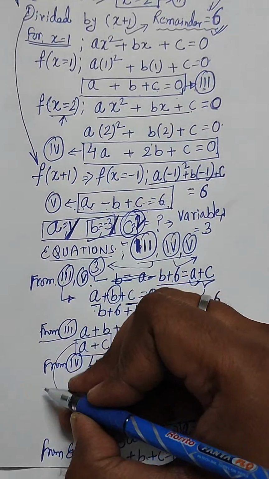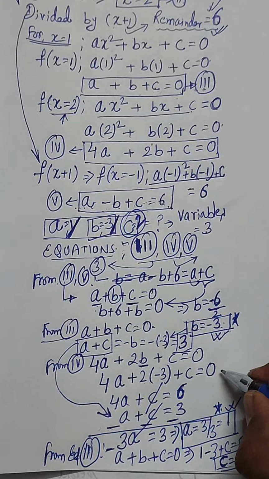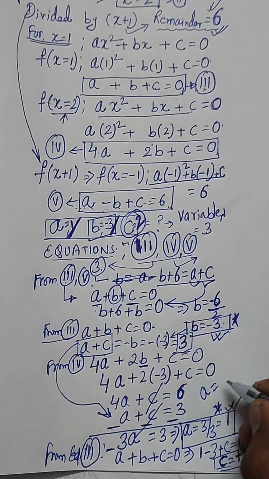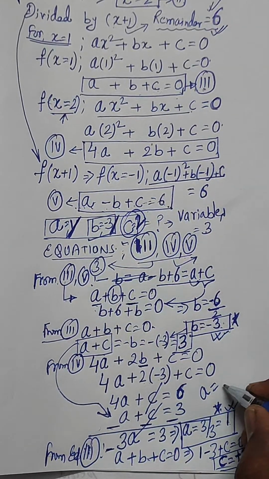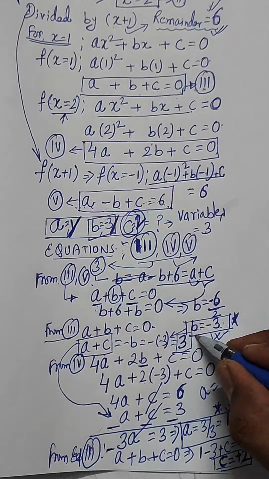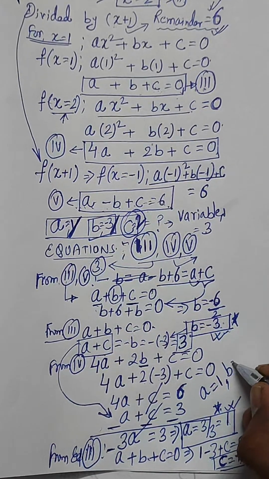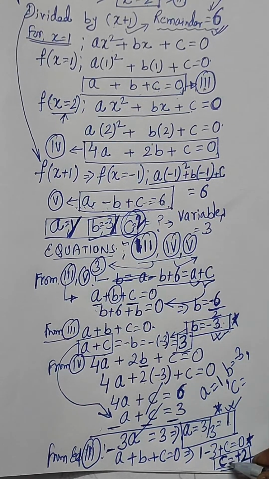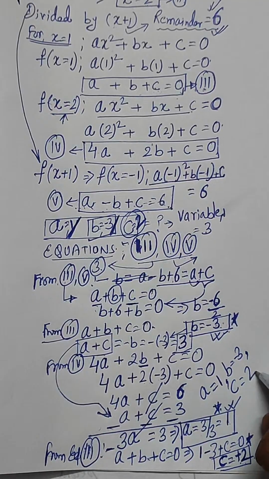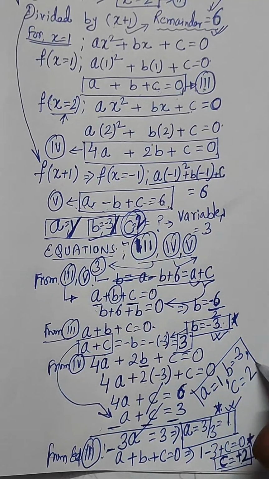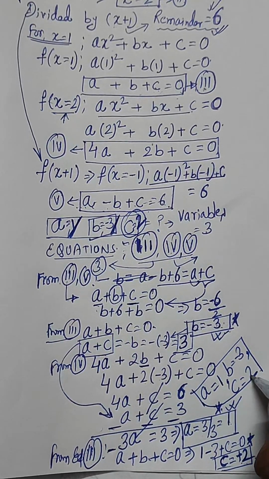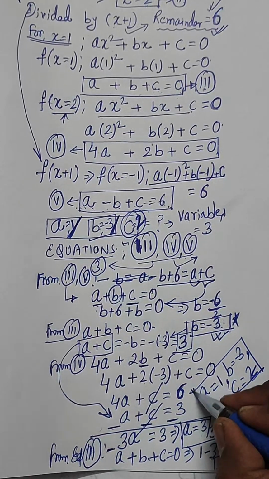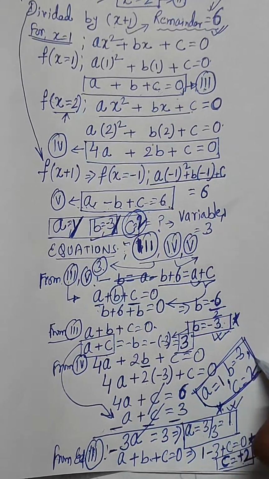So let me write it over here. A is equal to 1, B is equal to minus 3, and C is equal to 2. These are the three values, my dear friends, and this is your answer. This is your answer, right?